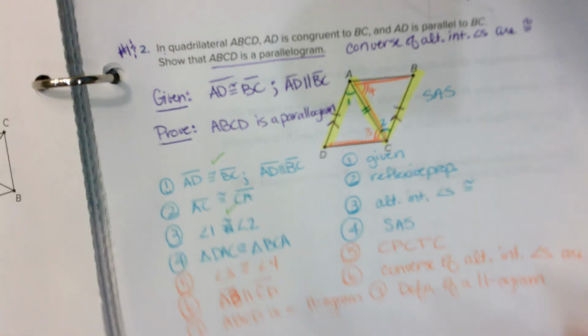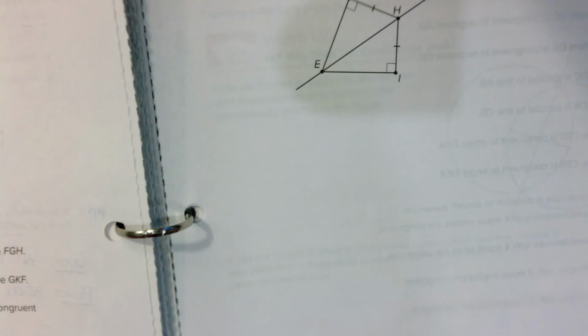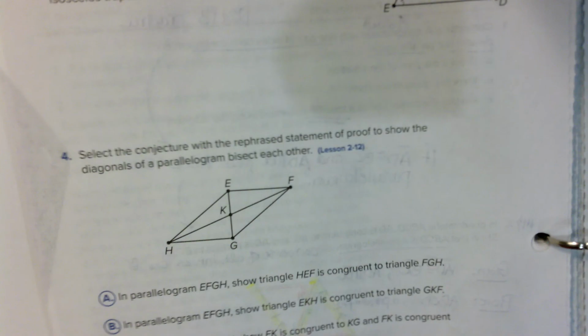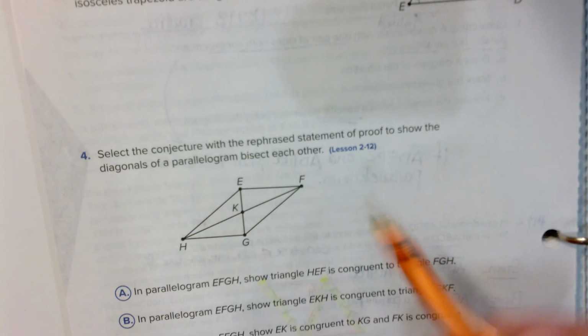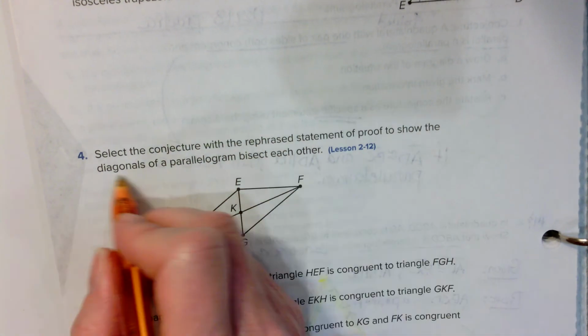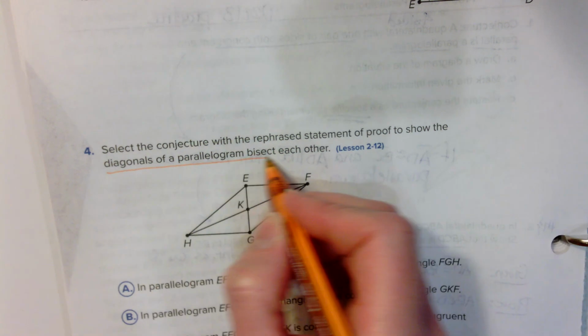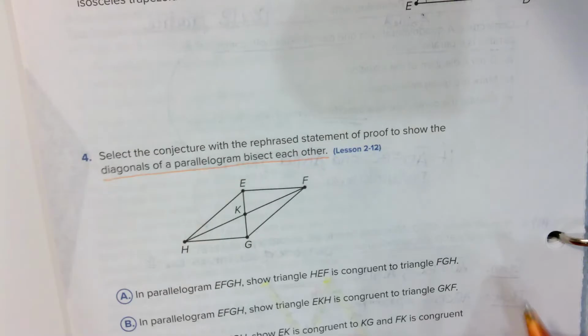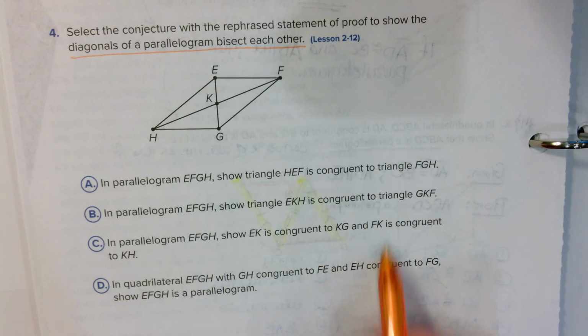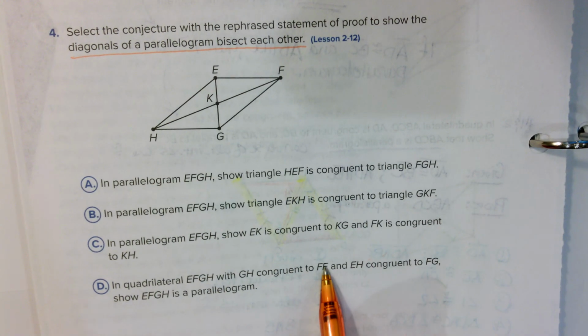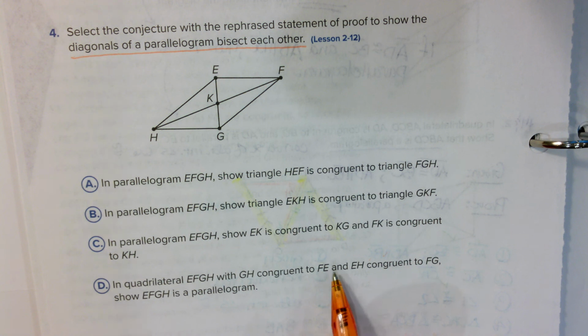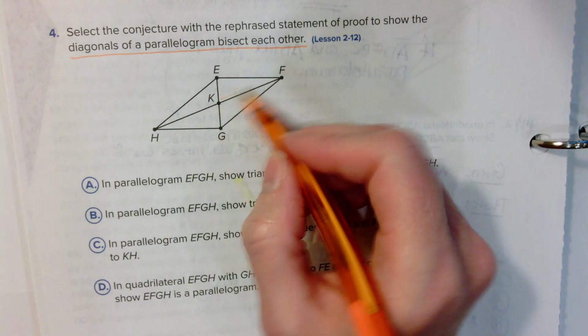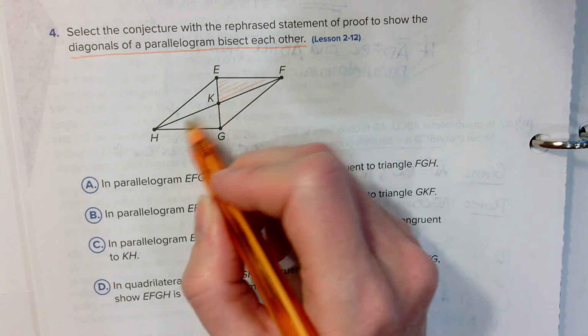Going to the rest of the practice, I wanted to mention on this particular problem that this is basically the proof you and I did, that the diagonals of a parallelogram bisect each other. So when you're looking at these choices, I believe 2 of them work. Remember, we proved it using the triangle on top and the triangle on the bottom.